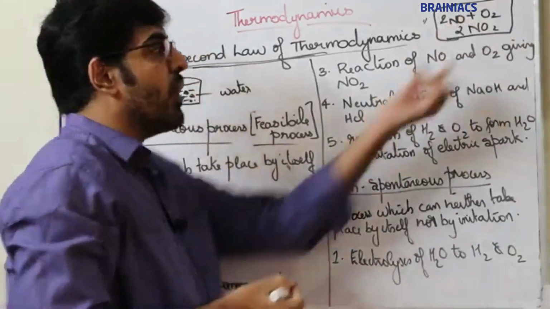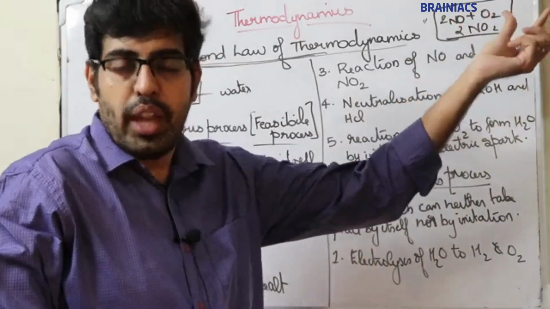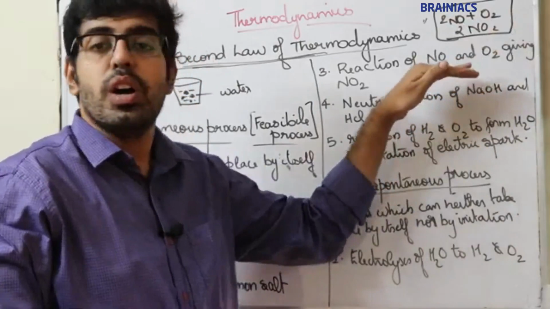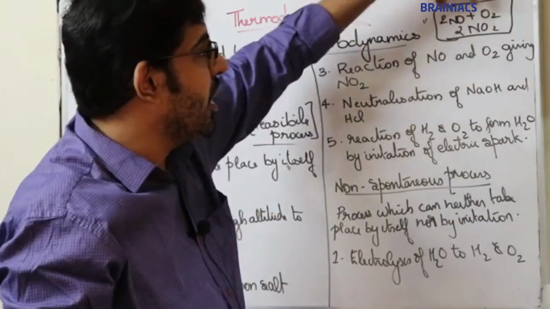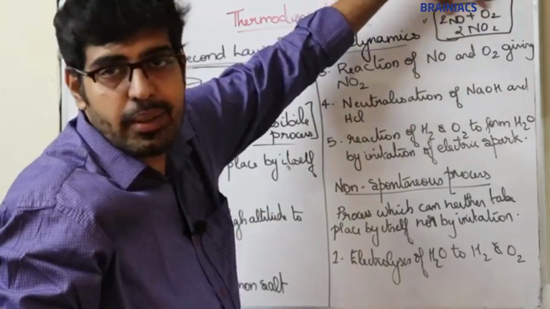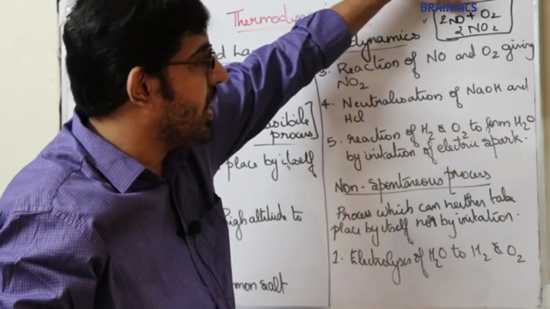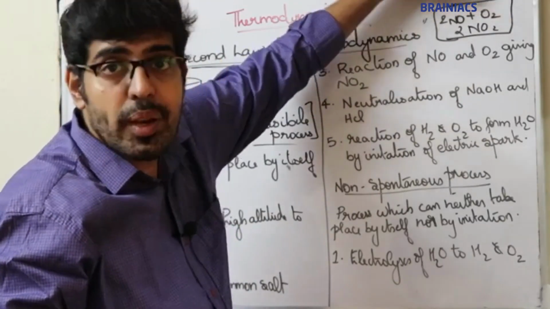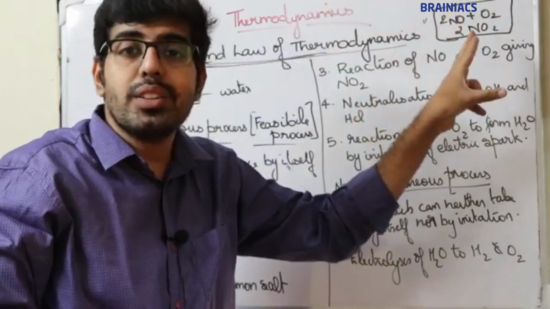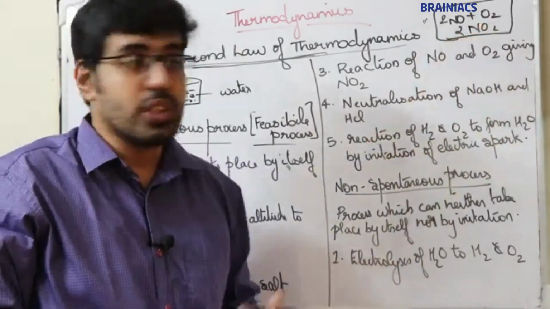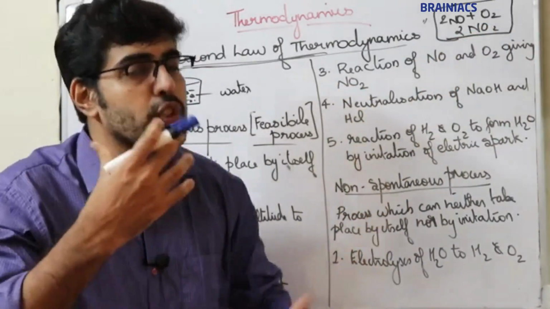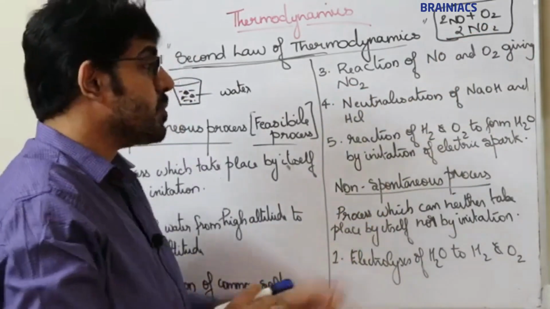So formation of NO2 from NO and O2 is an example of a spontaneous process.